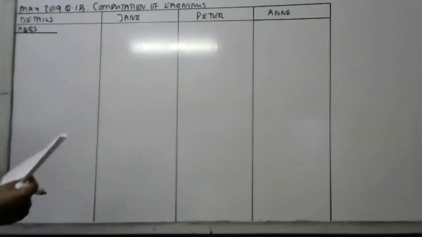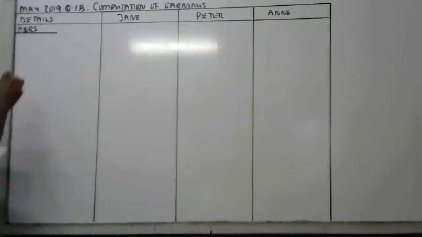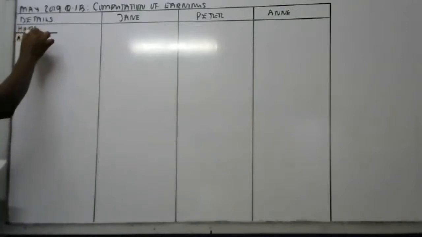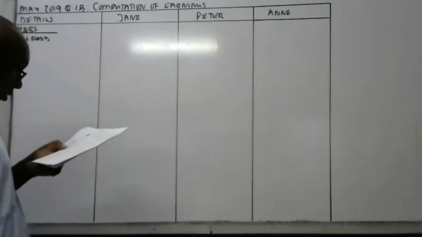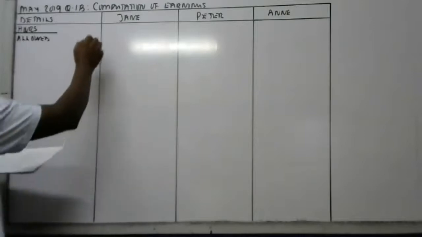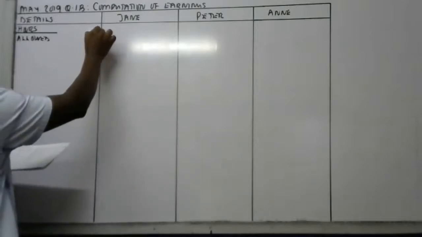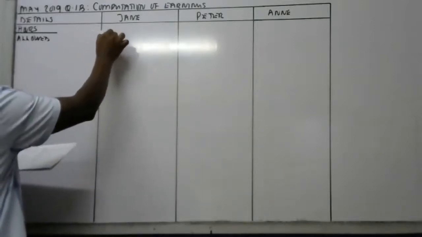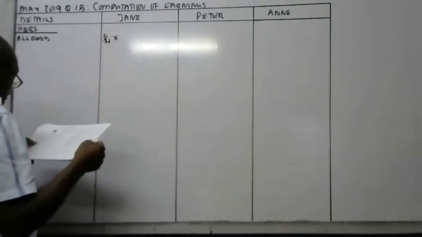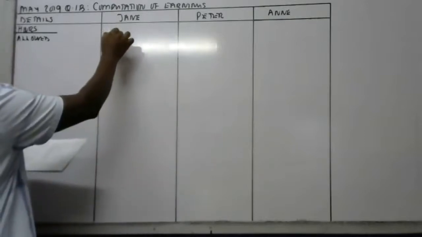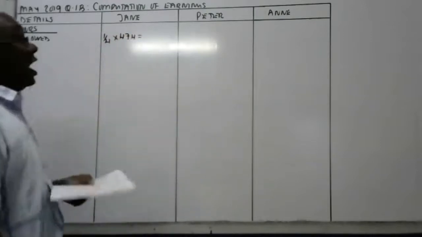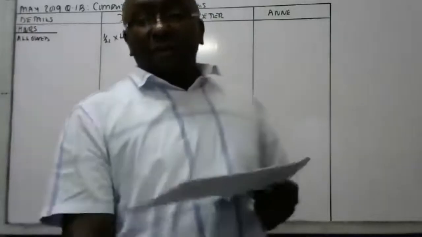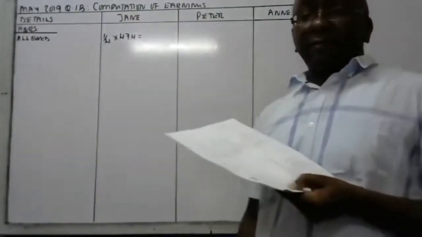And the first one is the time allowed. So for Jane, it will be a quarter times the number of units, 474. So give me that. A quarter of 474 is how many hours?